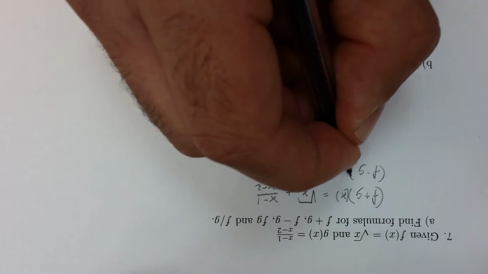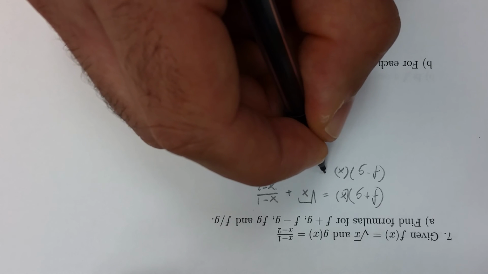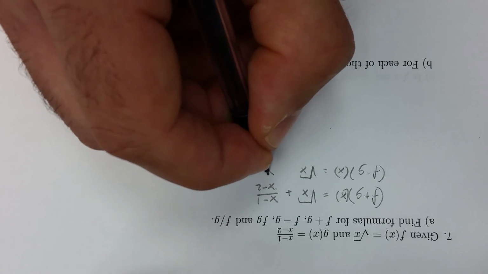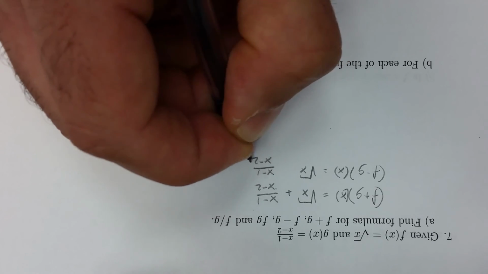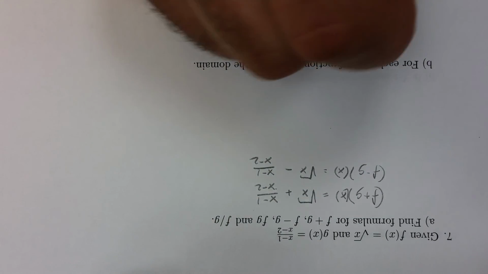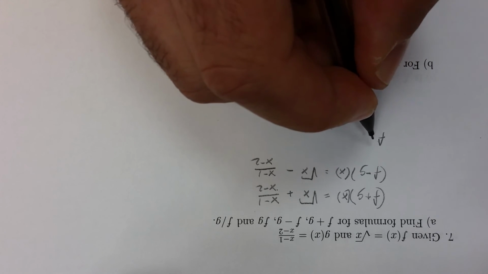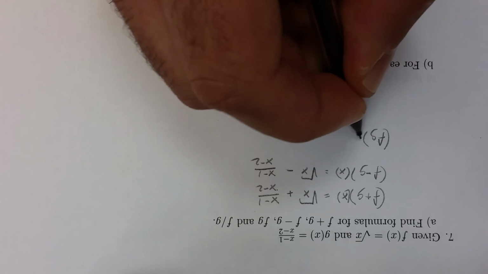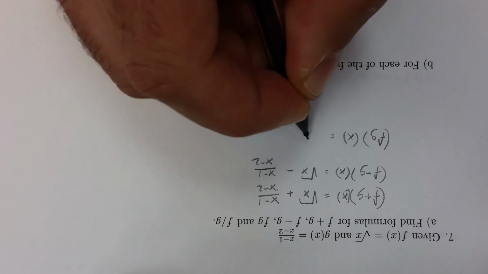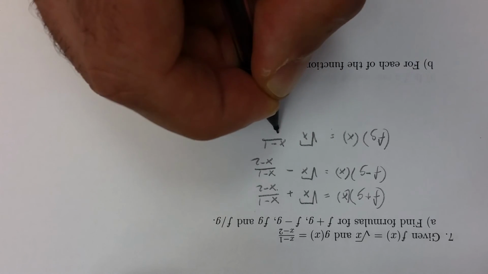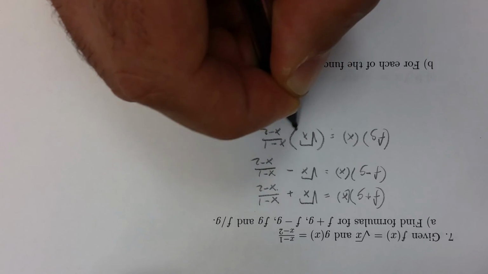F minus g of x, same thing, square root of x, x minus 1 over x minus 2. We'll put a minus sign in the middle. F times g, put the square root of x and the x minus 1 over x minus 2, and we'll just multiply those two things.